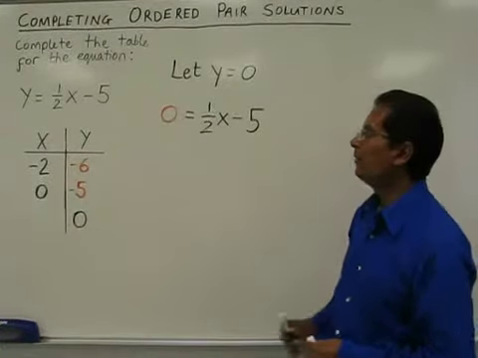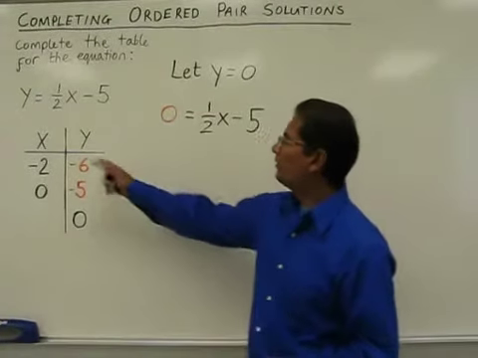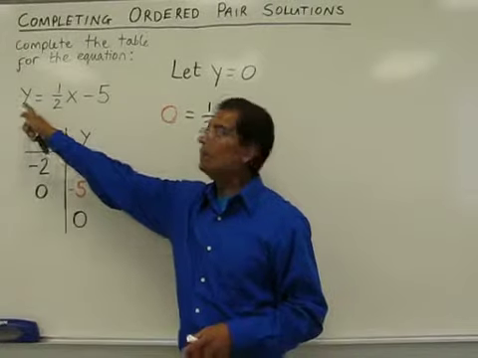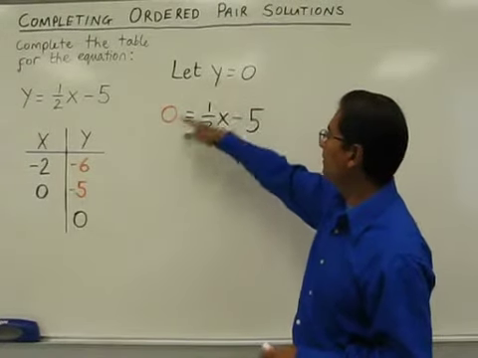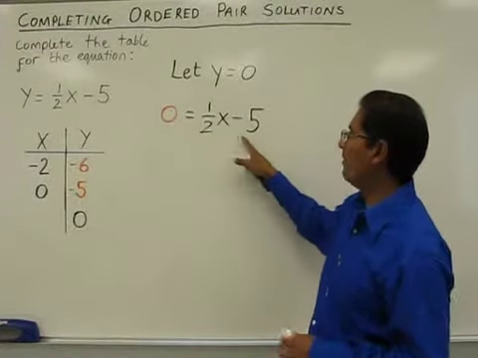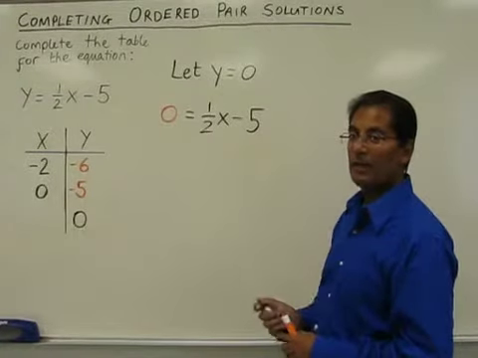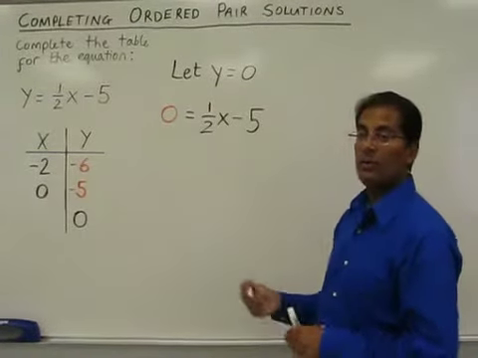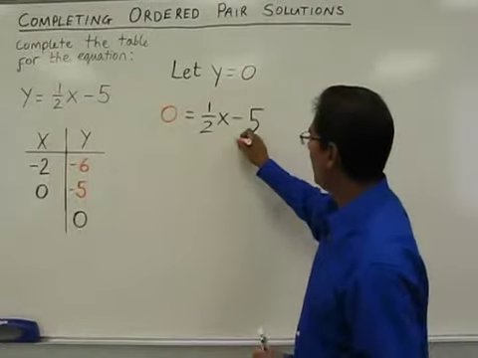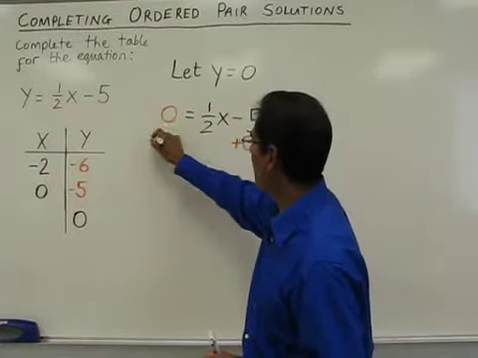Finally, if y is 0, we have to plug 0 in for y. So if we plug 0 in for y, we get 0 equal 1/2 x minus 5. Now we have to figure out x. Well, to solve this equation for x, we need to move the 5 over. I'll add 5 to both sides.